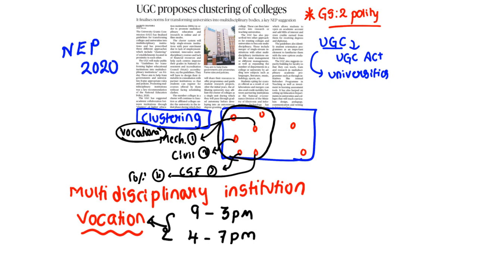So the member colleges in the cluster will continue to function as affiliated colleges under the university in the initial phase, during which they will share their resources to offer programs and guide the students in research projects. Clear? After the initial years, the affiliating university may affiliate the cluster of colleges as a single unit, and it is not in the initial years.